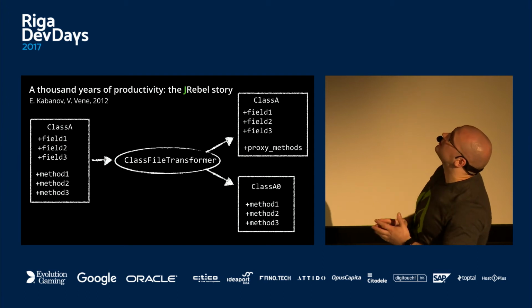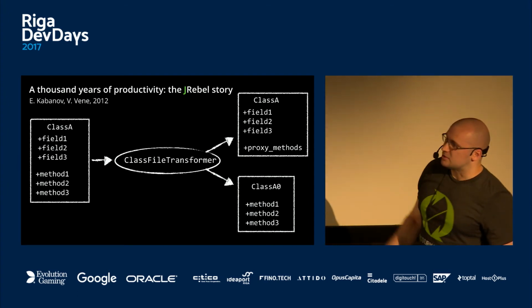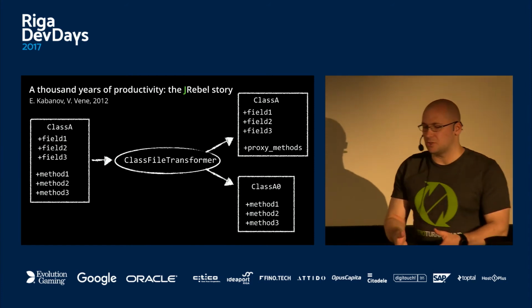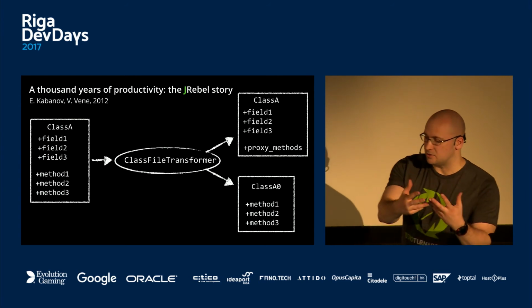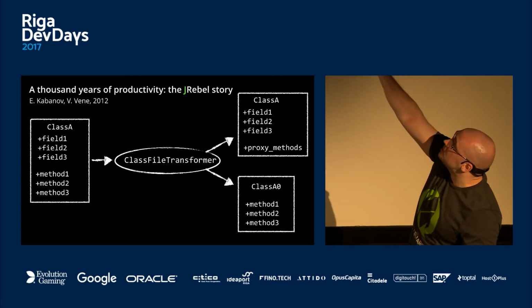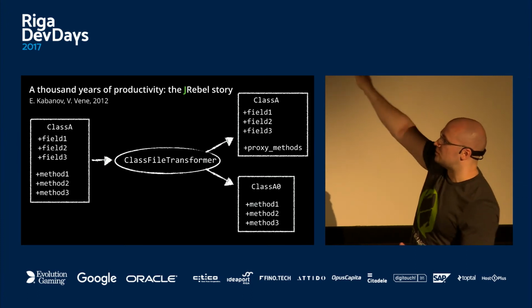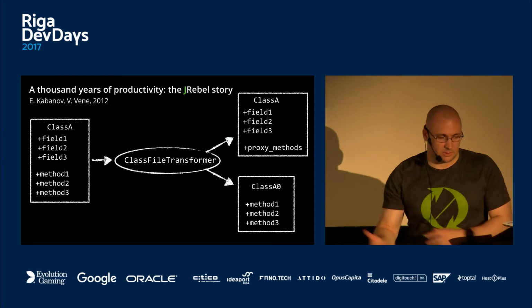This first class that has the original shape delegates all the calls to the versioned class. Once we have a new version, we change something in the class, recompile it and load it again into the JVM, we can keep the original version and just switch to the new version of the changed class.